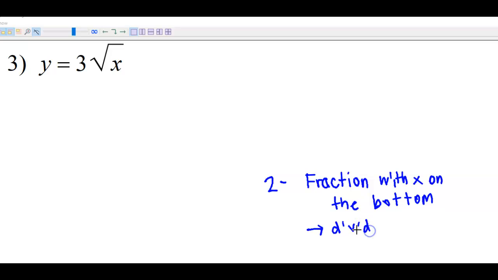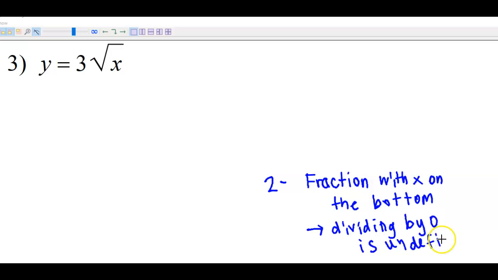Okay, so as I was saying before, if you don't see either of these conditions, then you will just have a domain that goes from negative infinity to infinity. So let's take a look at some other examples, but let me finish writing this first.